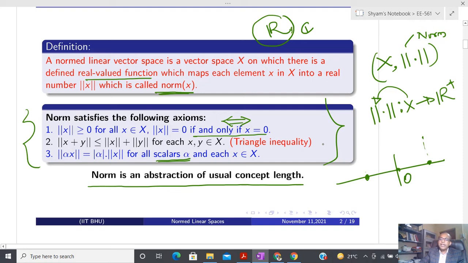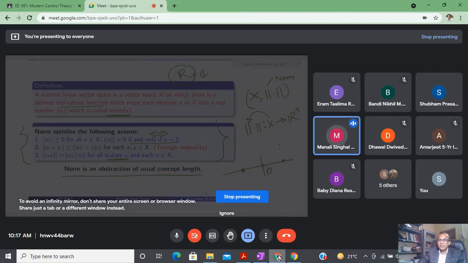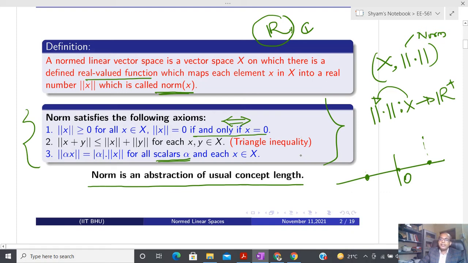Manali, could you please quickly answer? So it's non-unique only, sir. Non-unique. Okay, I have infinitely many choices now, because I am just saying that each choice should satisfy this, and due to that reason I have infinitely many norms. Okay, that is the beauty.